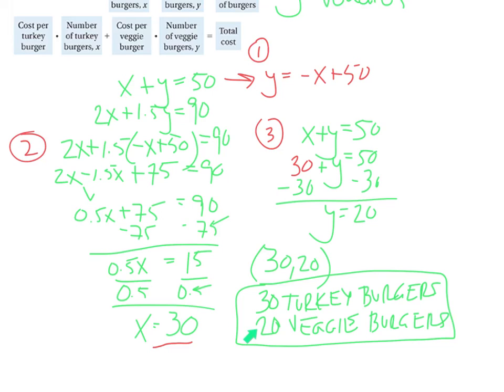We have 20 veggie burgers at a cost of $1.50 each. $1.50 times 20 is going to be $30. $60 plus $30 is the $90. So it does check. I just didn't write that one out. But this would be the answer to this one.